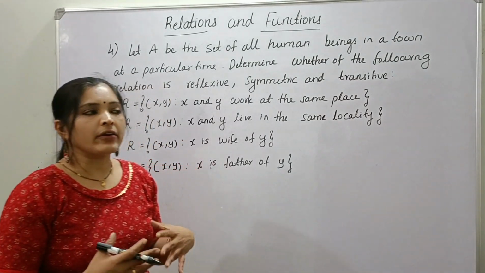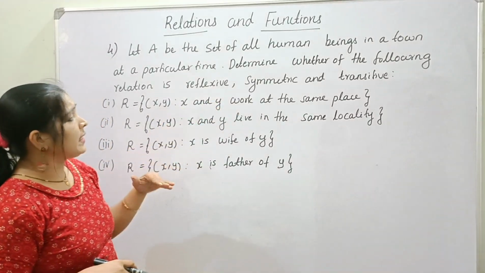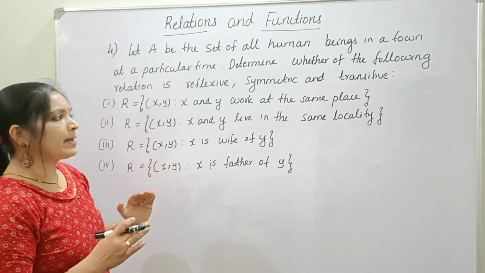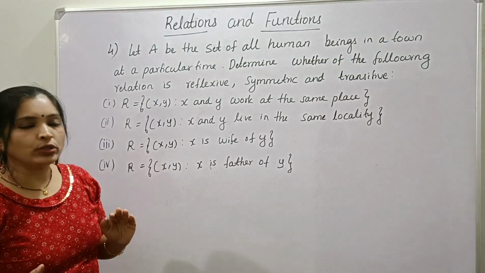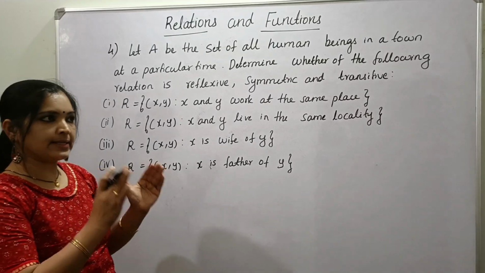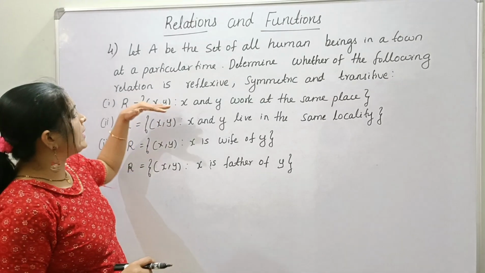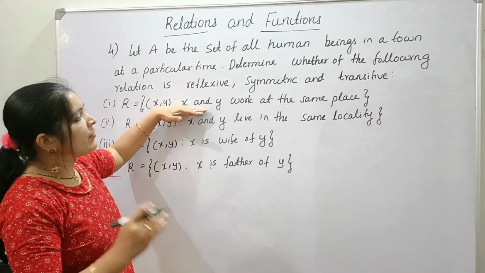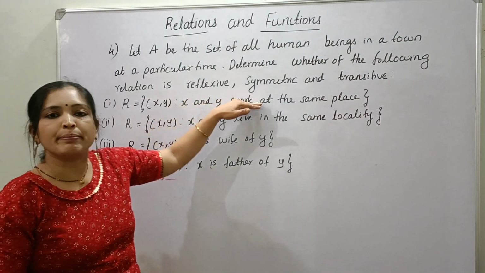First of all, let us check whether this relation is reflexive or not. Here, x and y work at the same place, then (x,y) belongs to R, right? According to the definition, for reflexive, (x,x) should belong to R. Now let us check. We can say x and x work at the same place, right?